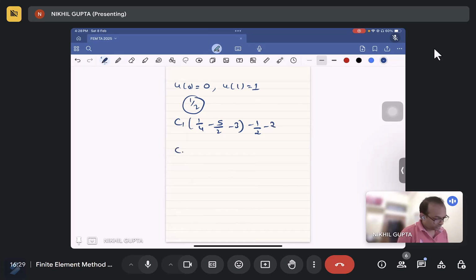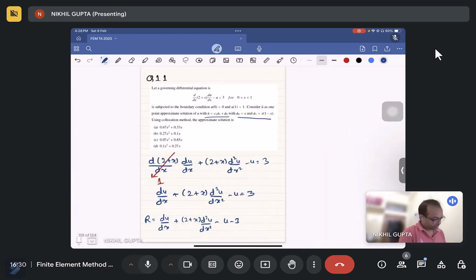We'll solve it, you will get c1 (minus 10 minus 12 by 4) minus 5 by 2 equals 0. We'll solve it, you will get c1 as minus 10 by 21.